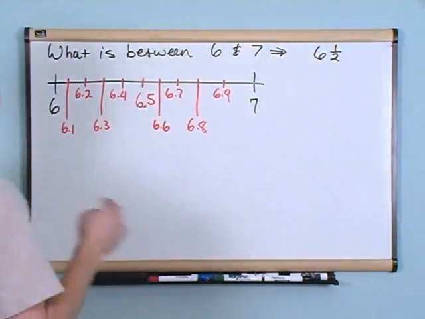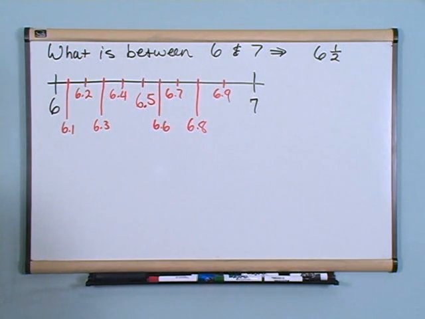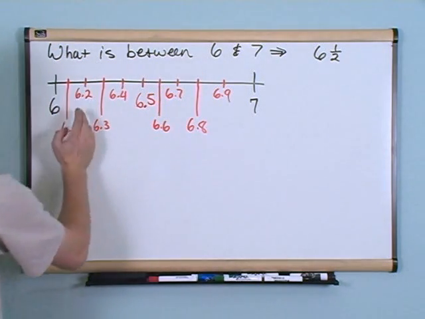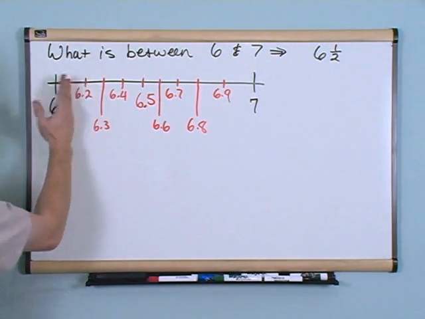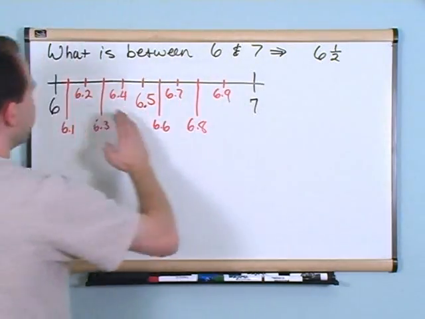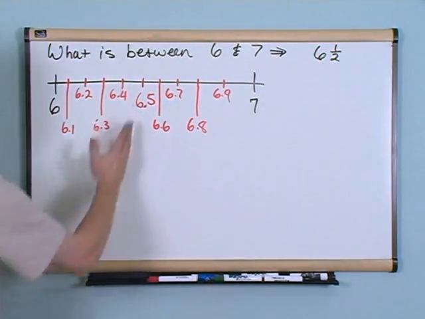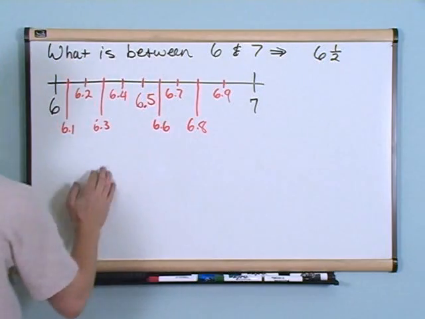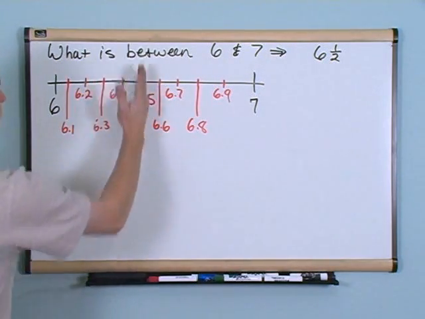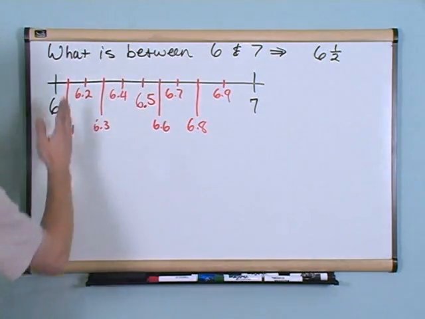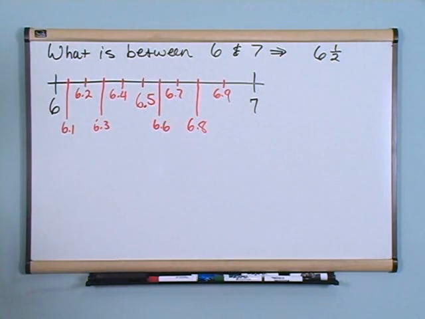That's really all it means, okay? So if I were to tell you, go give me 6.2 of something, well, you're going to know that 6.2 is pretty close to 6. It's not too close to 7. It's kind of over here. 6.5 is going to be right in the middle. Okay, 1, 2, 3, 4, 5, and that's kind of why it's 6.5, and so on.